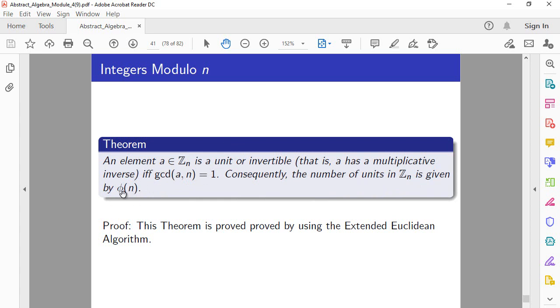Because recall that phi of n is the number of integers between 1 and n that are relatively prime to n. So phi of n is exactly counting how many integers in Zn are relatively prime to n. So phi of n is the number of elements of Zn that have multiplicative inverses.